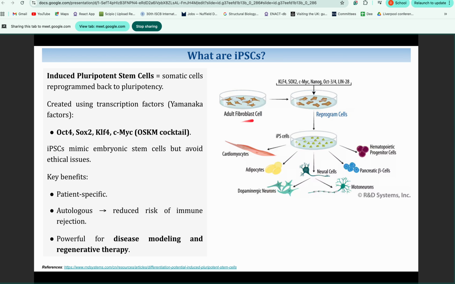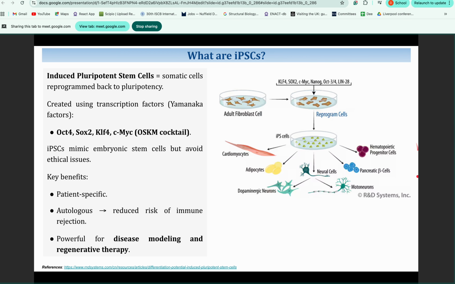As an example, we have adult fibroblast cells. We can reprogram them and convert them into iPSCs, that is, induced pluripotent stem cells. Now these cells can give rise to cardiomyocytes, adipocytes, dopaminergic neurons, neural cells, motor neurons, pancreatic beta cells, and hematopoietic progenitor cells.